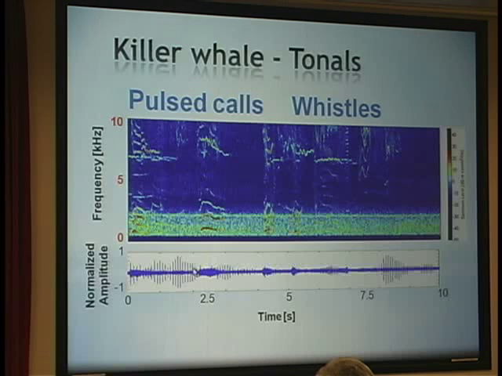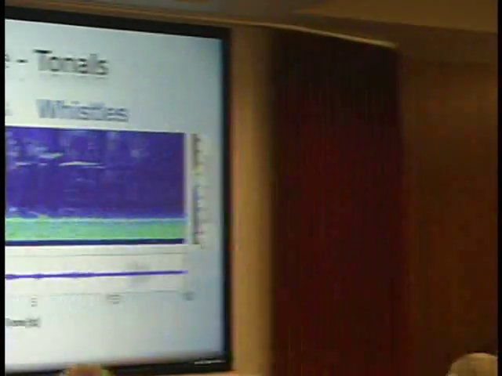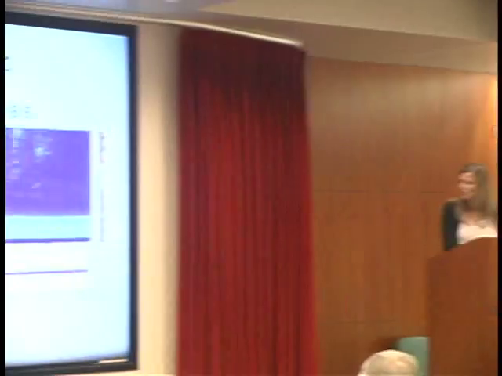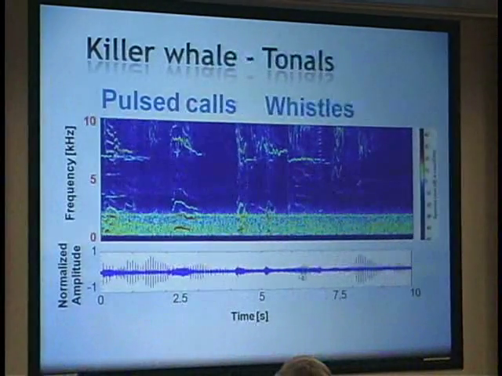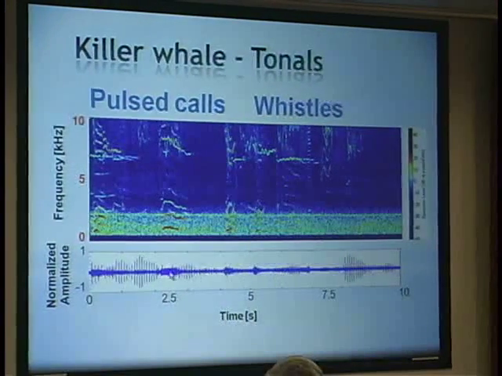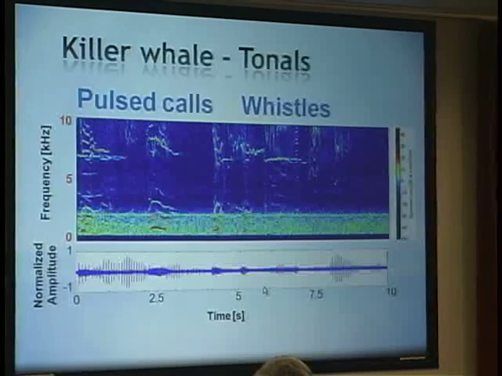They are not a tonal signal, so it's not a consistent waveform at a certain frequency. It's not echolocation, it's distinct pulses that are so rapidly produced, kind of like the buzzes that we saw earlier, that we perceive them again as a tonal signal. Versus whistles like this one here, which would be a tonal signal.